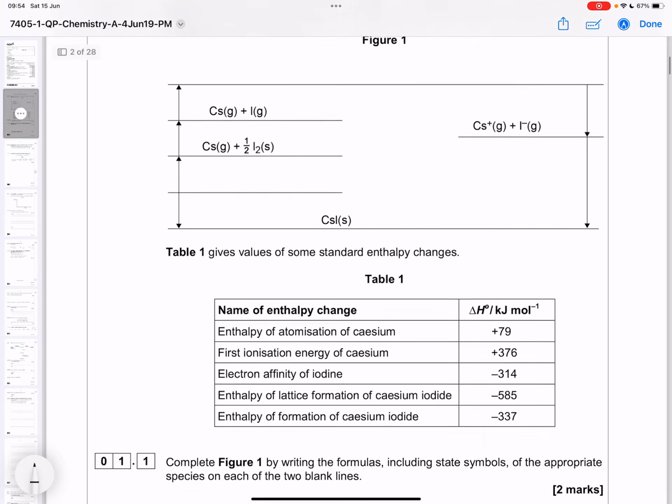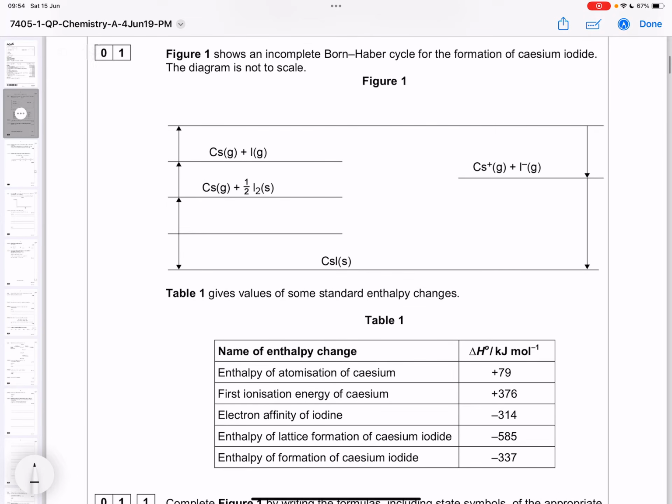So if we go back up and look, we can see we've got the ionic compound on the bottom line, and we've got the gaseous ions on the right-hand side. We need to remember that our Born-Haber cycle is showing us the strength of the ionic bonds by showing the relationship between the elements turning into the gaseous ions and then the ionic solid.